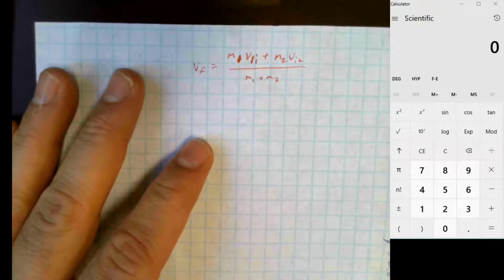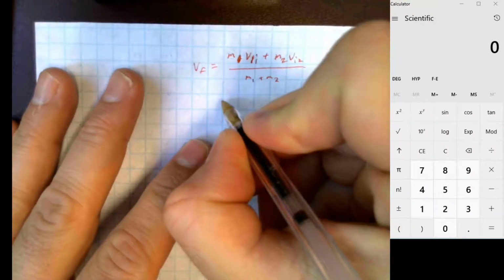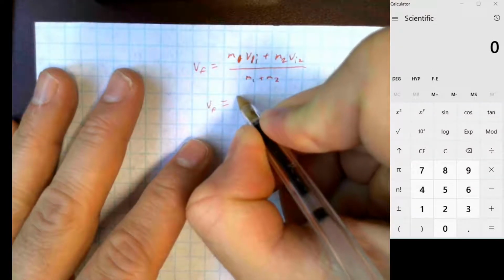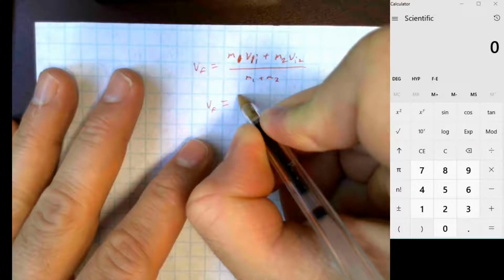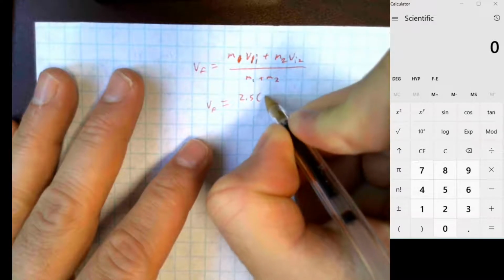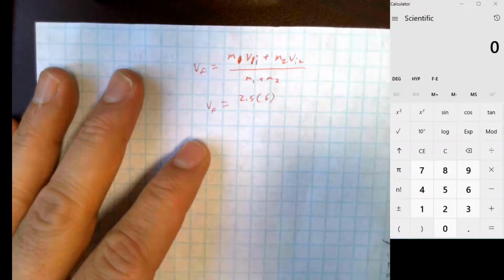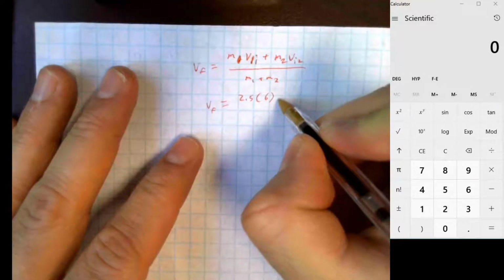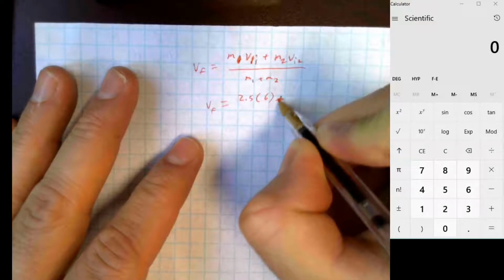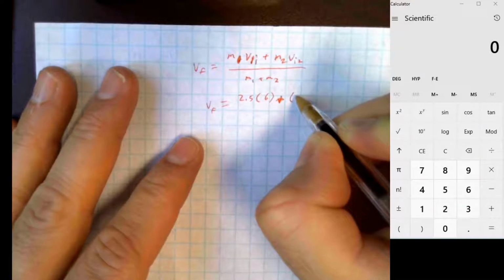And in this problem, our M1 is 2.5, and that's going to be times 6. I'll take to the right as positive because that's how it's treated in the way the question was displayed.